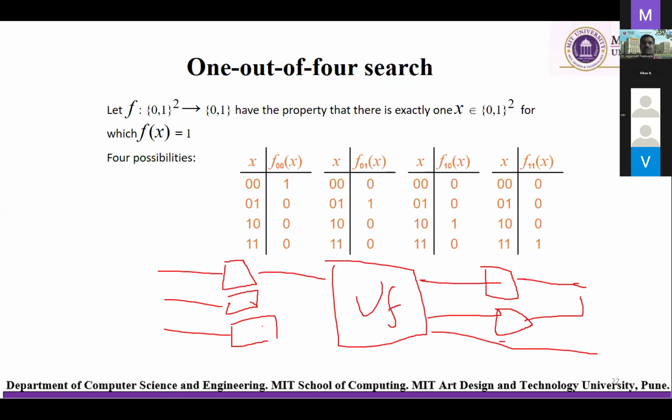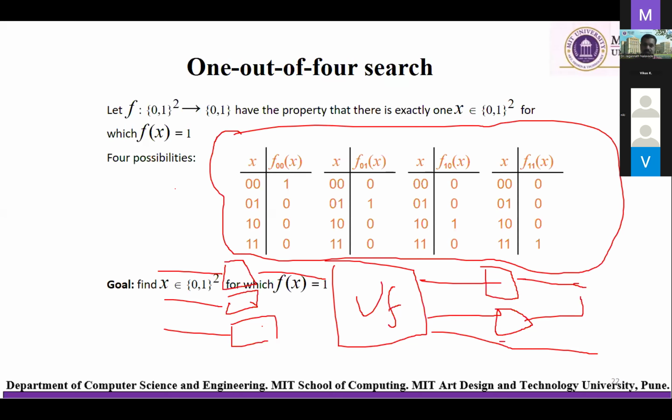So here for 00 it is 1, for 01 there is a 1, for 10 there is a 1, and for 11 there is a 1. So these are the 4 possibilities given here, and for these possibilities we have to design the system.